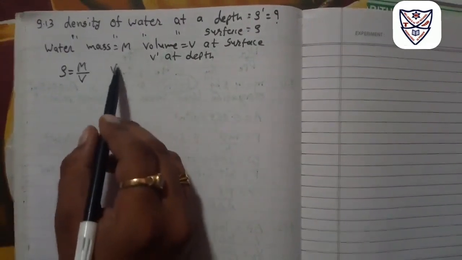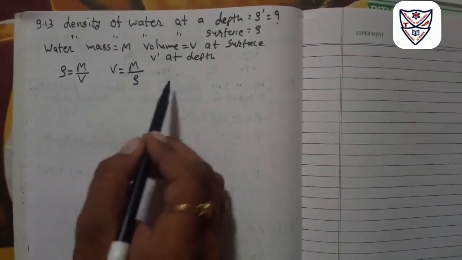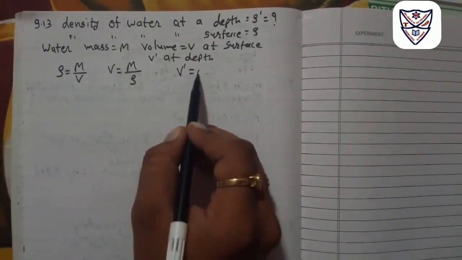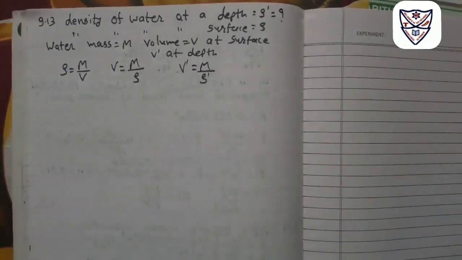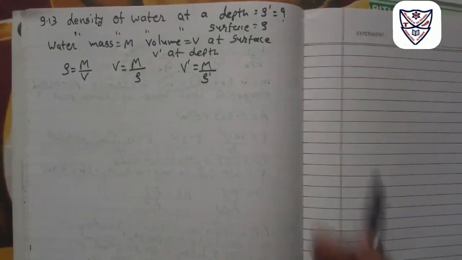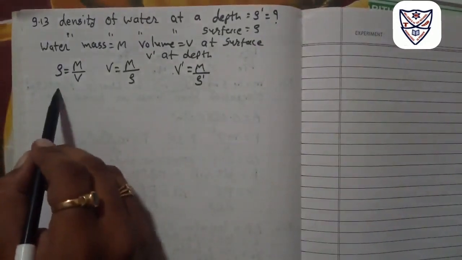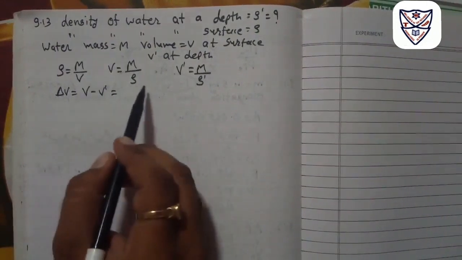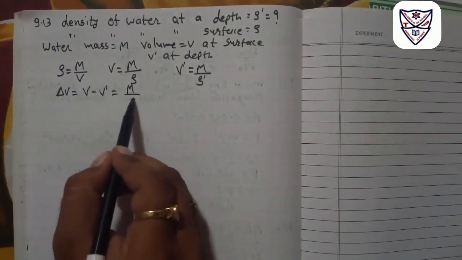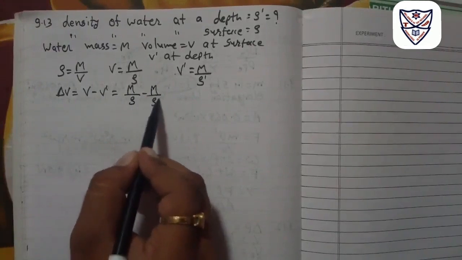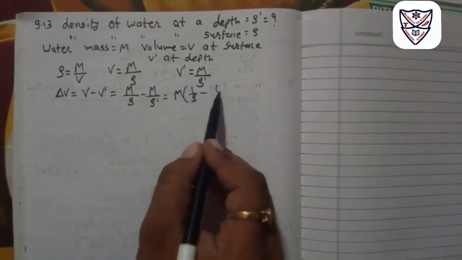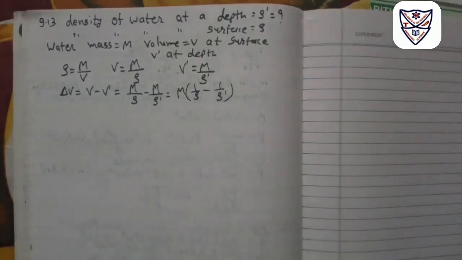So to find volume, making it the subject, mass upon density, right? And similarly v dash at depth, we get m upon rho dash for depth. Now change in volume at surface and depth, so that will be delta v is equal to v minus v dash. So it will be mass upon rho minus mass upon rho dash. M common, we can write 1 upon rho minus 1 upon rho dash.